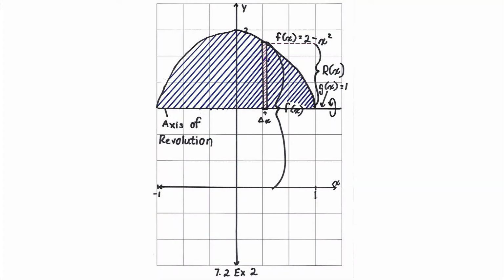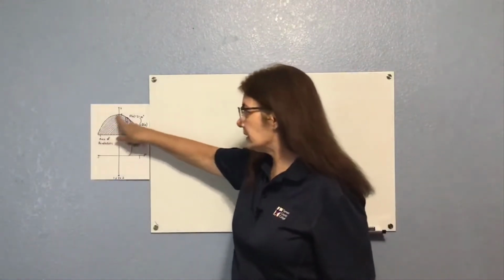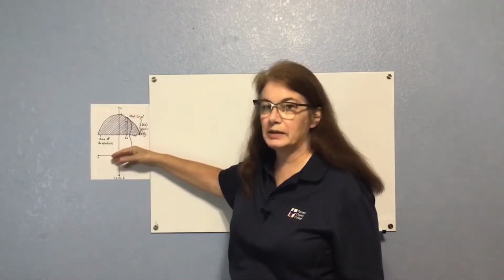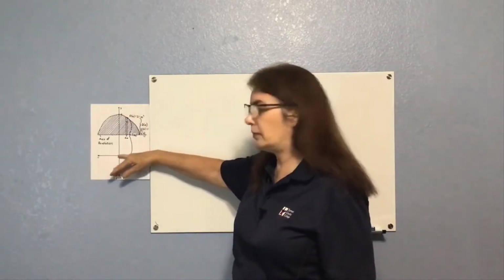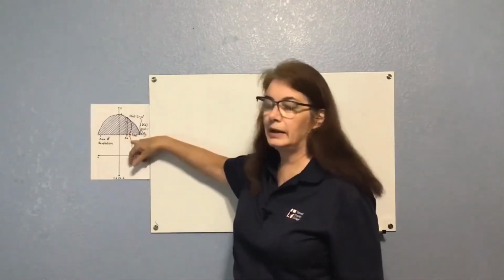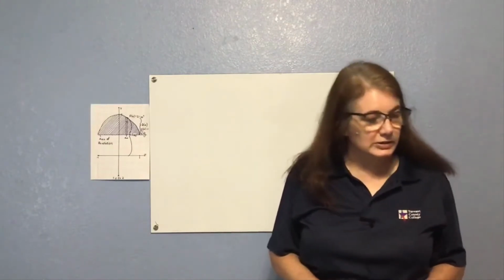In this next example, we're going to once again take a region and rotate it horizontally, but this time instead of rotating it around the x-axis, we're going to rotate it around a different line. So that changes our equations just a little bit.